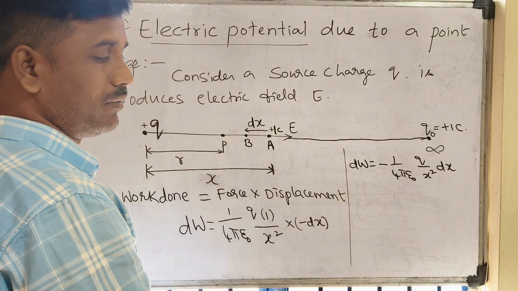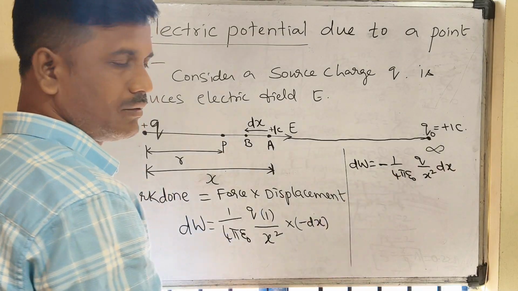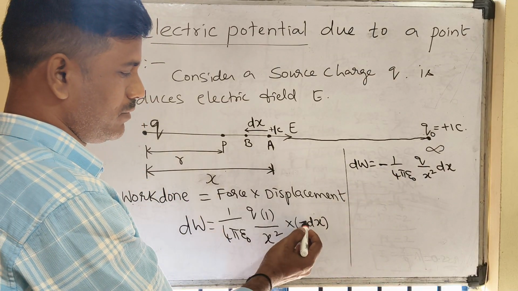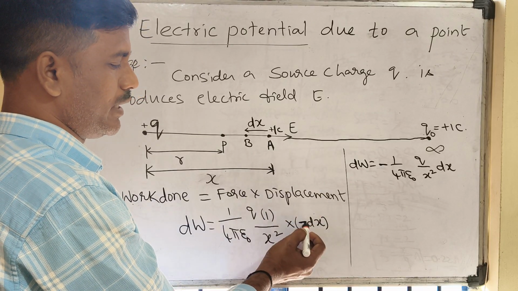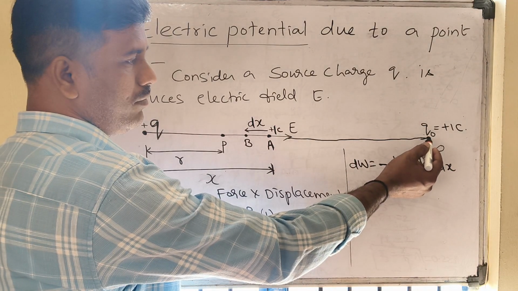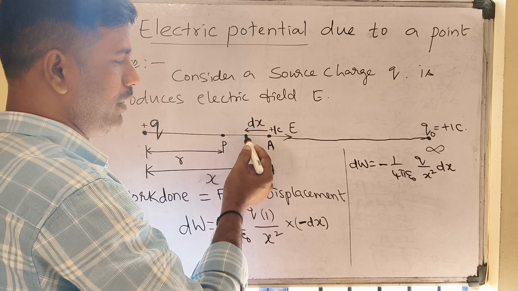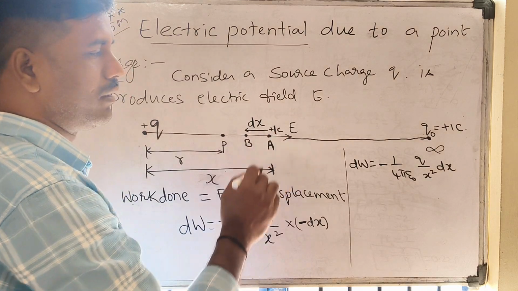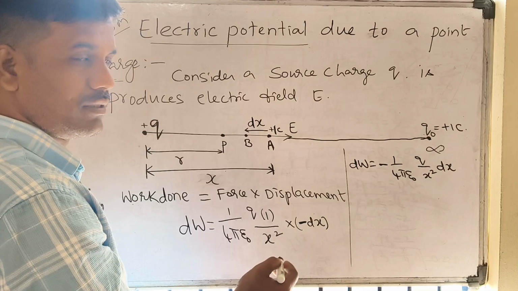For the total work done, here is the minus. So what is the meaning of the minus? The negative sign indicates the charge is moved from infinity to point B against the electric field. That's why it is minus.